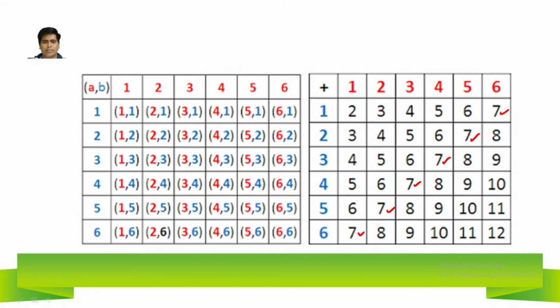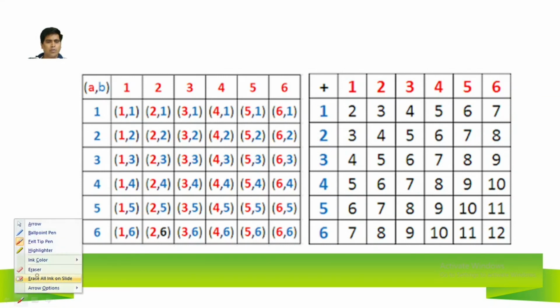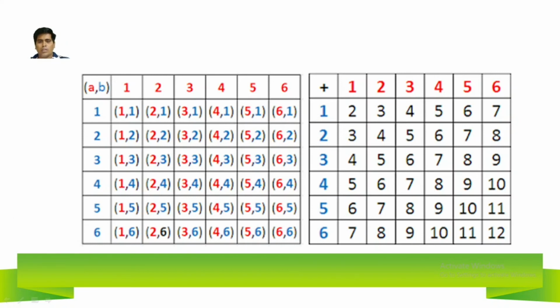More than 8, so clearly these are the combinations, these are the numbers more than 8. So how many do we have? 1 2 3 4 5 6 7 8 9 10. So in total 10 ways we have to get more than 8. 10 by 36, that is clearly 5 by 18.